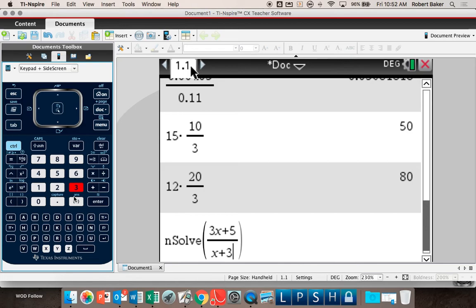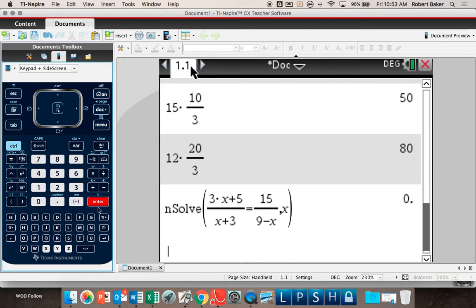And then you do control divide again. 15 over 9 minus x. And then comma x.